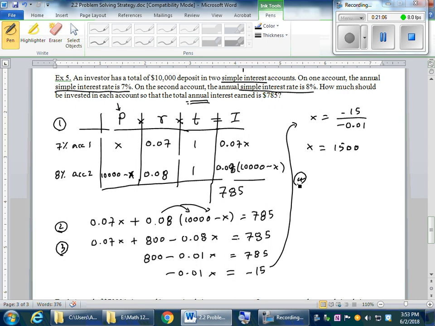So x represents the account that gets 7% interest rate, so we say that 1500 is invested in the 7% account, and the remaining, which is 10,000 minus 1500, that will be 8,500 invested in the 8% account. So that will be our final answer.